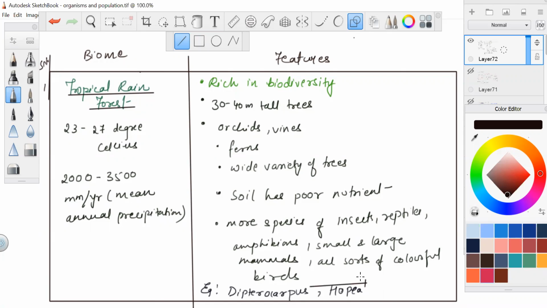If you see the examples of normal local names, timber will come under Dipterocarpus. And Hopea is also like that. Hopea and Dipterocarpus, family same.